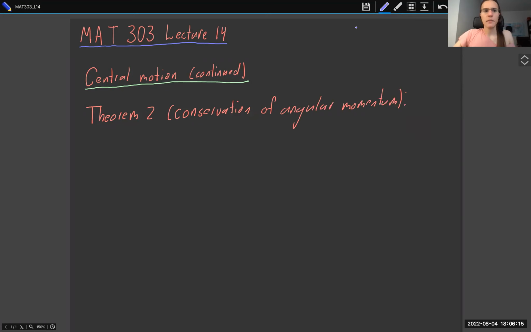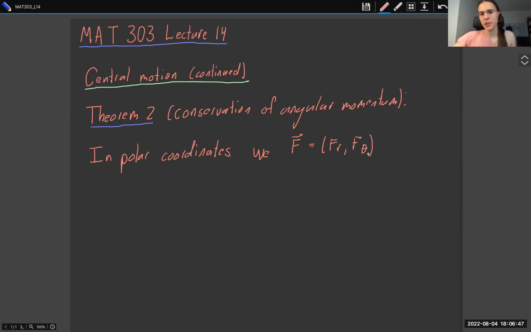And instead of defining what angular momentum is, I'll just do the proof. Suppose that we have coordinates r, theta in polar coordinates, and a force F equal to F_r, F_theta.